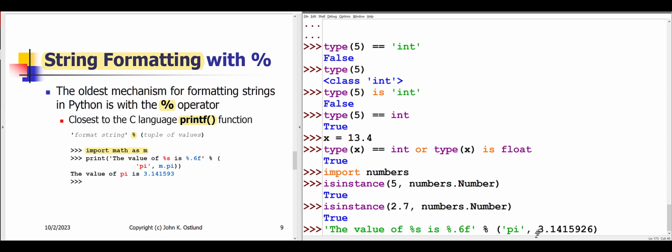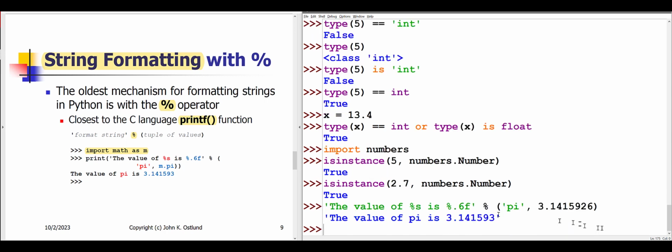So these are the values that I'm going to feed in. The string is going to be pi, and the value is going to be 3.141593, rounded up, since I asked for 6 digits after the decimal point. So you might see the percent sign version of formatting, and that's, as I said, directly stolen from the C language's printf function.